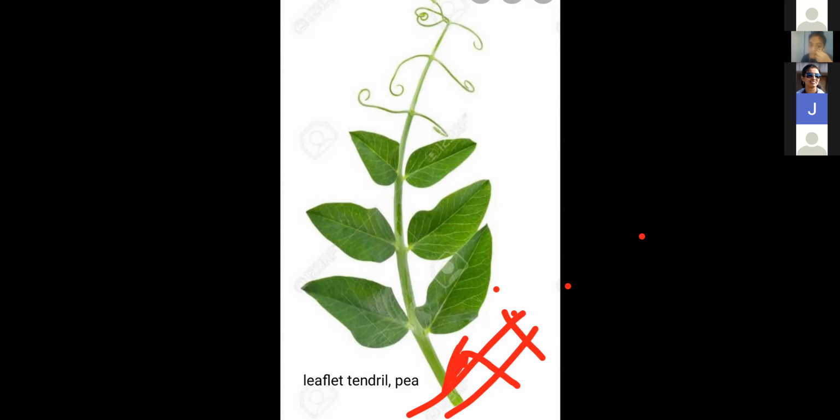So can you tell me, is this a simple leaf or a compound leaf? Maitri: compound leaf. Which one, pinnate leaf or palmate leaf? Pinnate leaf. Okay.